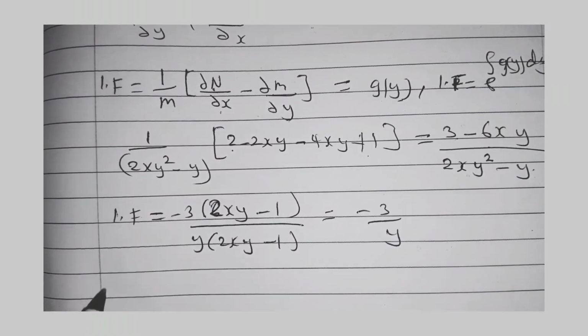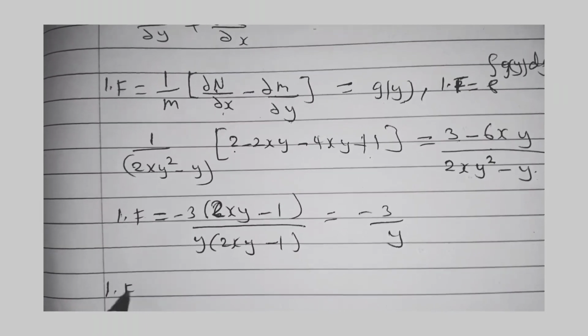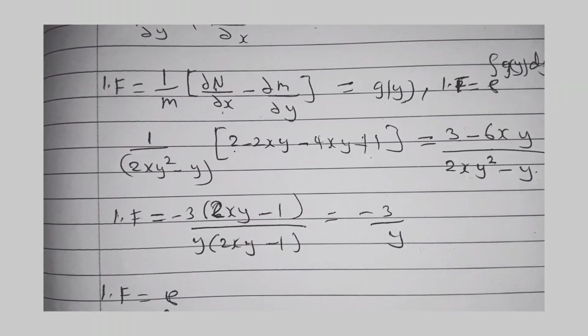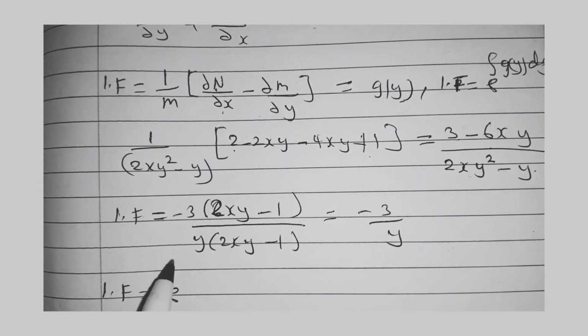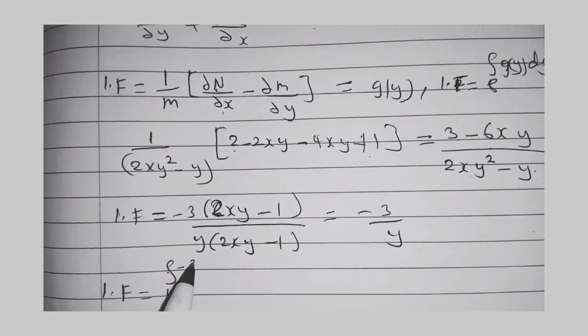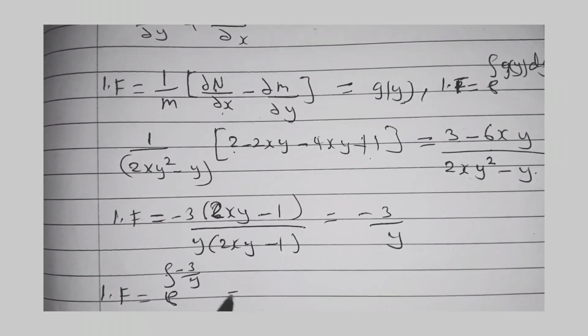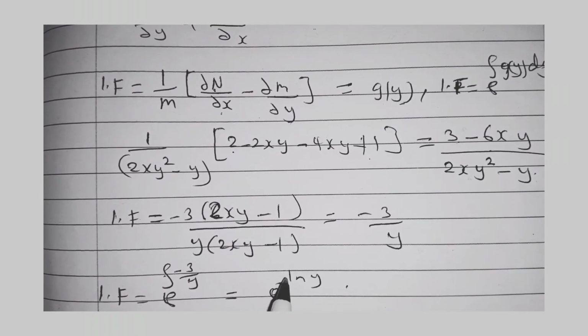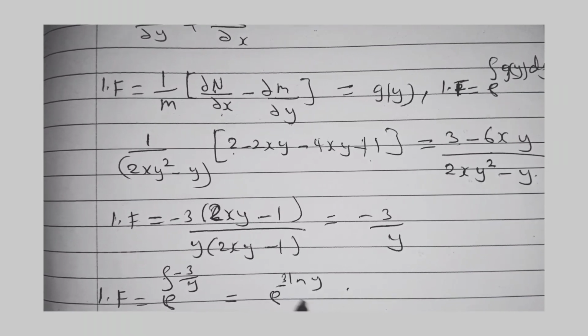From there now, you obtain our integrating factor, which will be given by exponential of the integral of −3 over y, which is equal to exponential of −ln y, multiplied by 3.